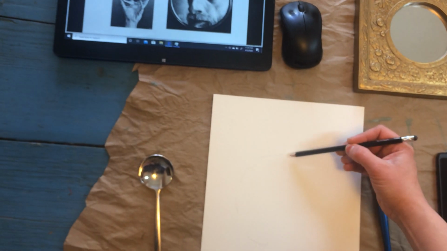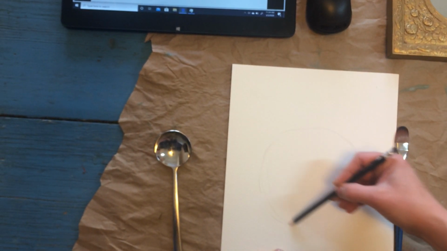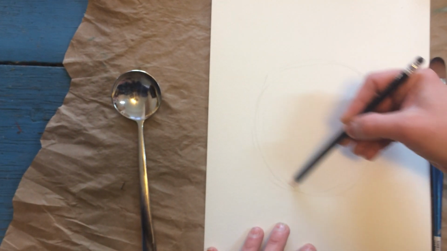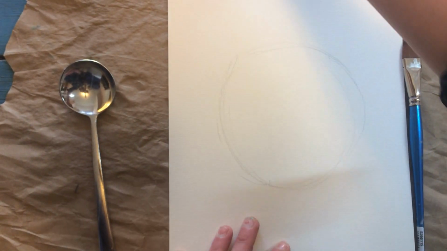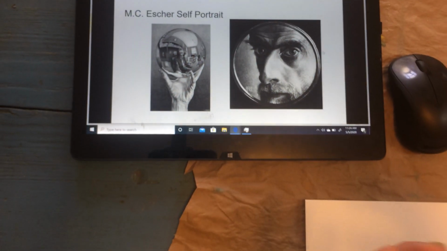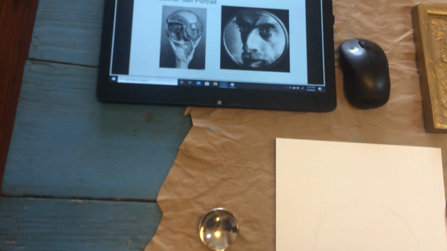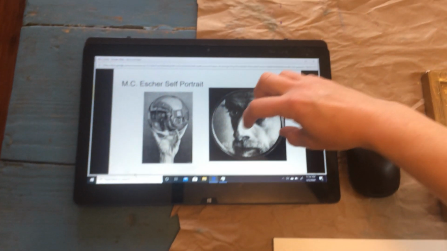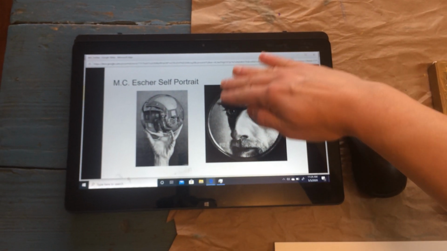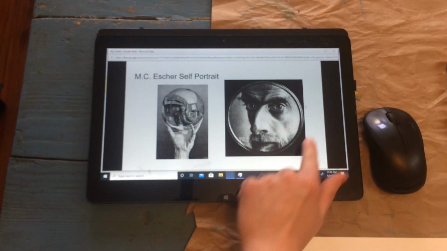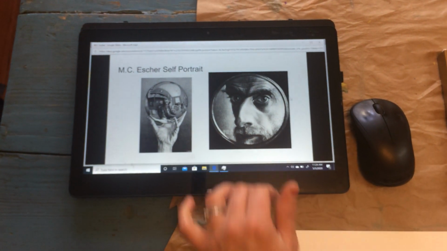And basically, to make something look like a mirror, besides, of course, the things looking distorted, let's see if I draw a circle here. M.C. Escher is doing that a little bit with this, where in a mirror, the contrast between light and dark is stronger because you have the light hitting the mirrored surface. So you can see he's using a lot of light against a strong dark. There's definitely a big value difference between the mirror itself and the background.